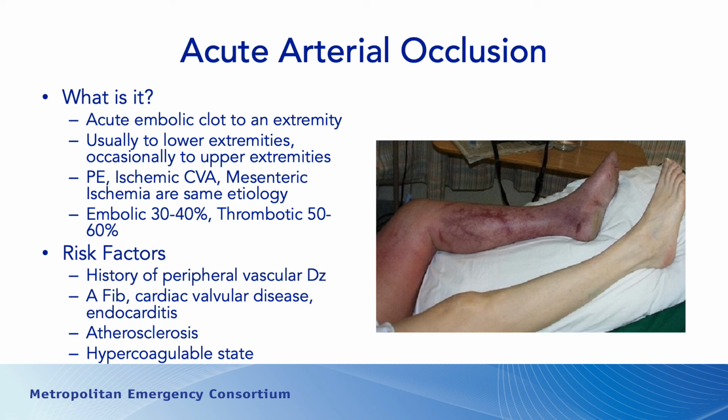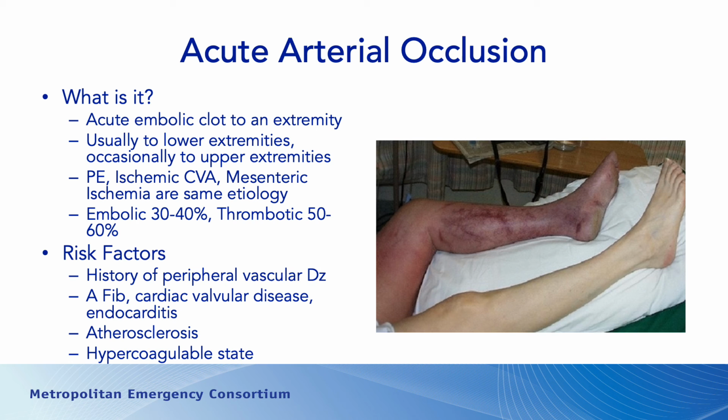So embolic events, where there's clot that goes from the heart out to the periphery, happen 30 to 40% of the time. Thrombotic, where there's a narrowing and that acutely becomes occluded, like in a myocardial infarction, is 50 to 60% of the time. Risk factors have to do with a history of previous peripheral vascular disease, atrial fibrillation, any abnormal cardiac valves that can form clots that can break loose, and endocarditis, which is where we develop infected heart valves, can be a problem.